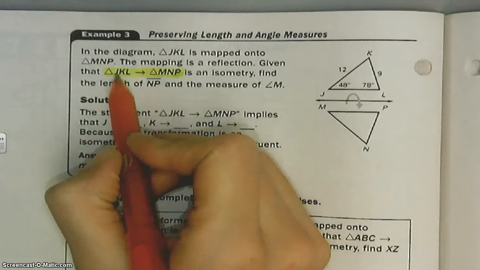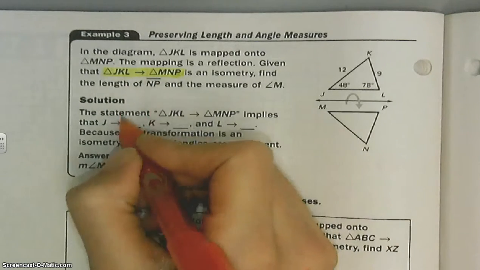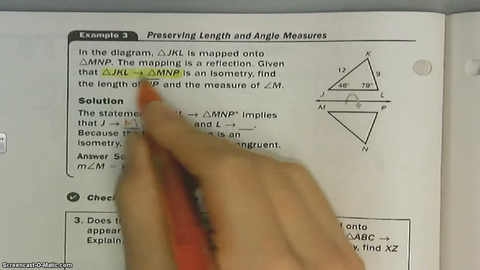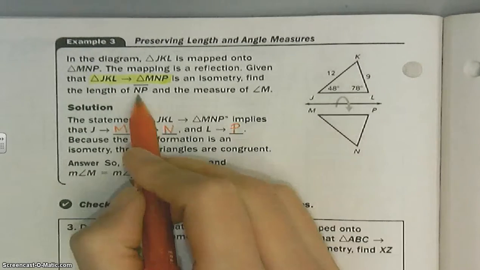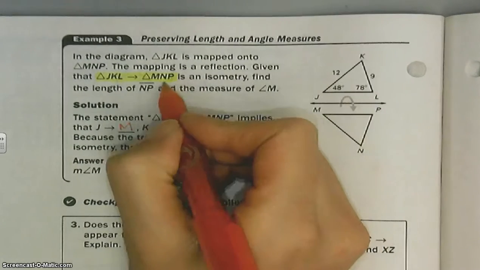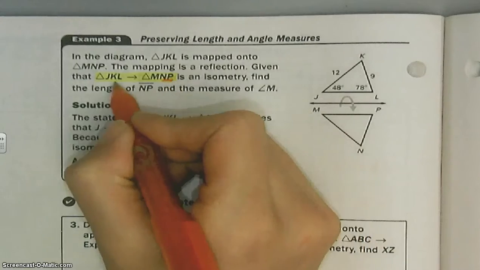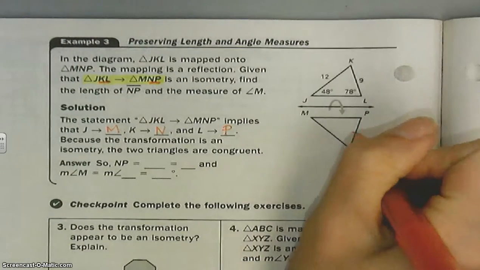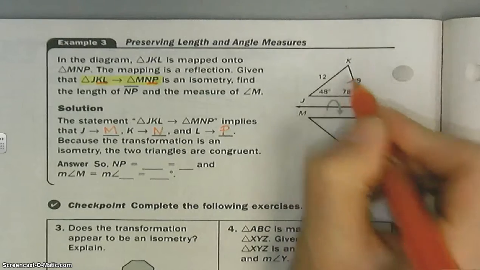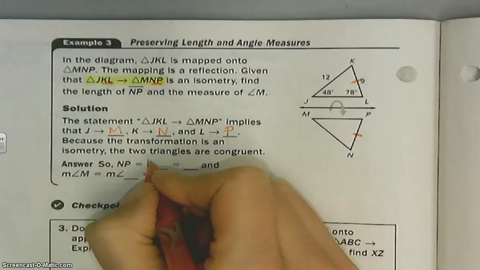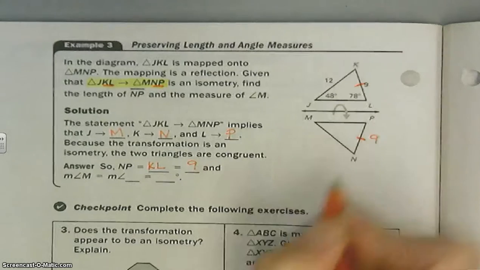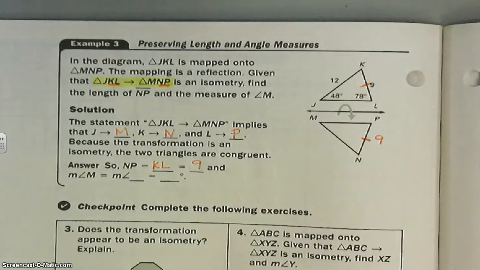So if J is in the front and M is in the front, J goes onto M. K goes onto N, and L goes onto P. So if we want to find NP, here's NP right here. NP is the same as KL. Let's go mark that. NP is the same as KL, which is 9. So we know that PN, or NP, is 9.